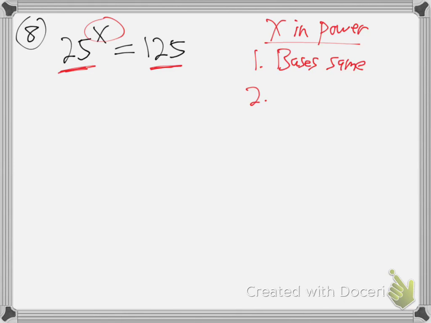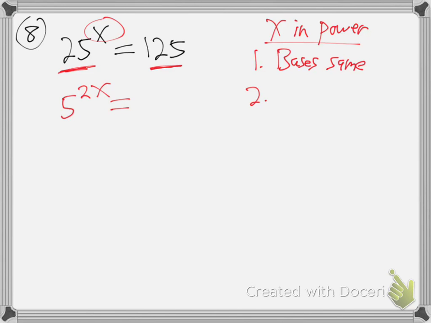Take your calculator and go 5 times 5, and sure enough, you'll get 25. So the left side is 5 squared. For the right side, again take your calculator, go 5 times 5 times 5, just keep multiplying. How many does it take to get 125?